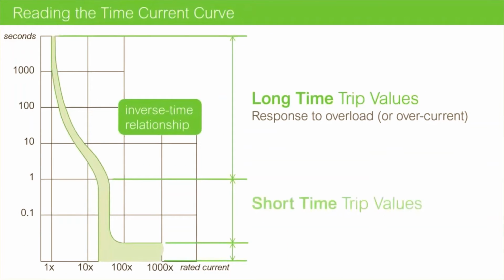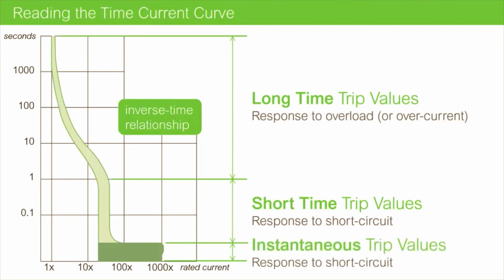This brings us to short time trip values. This range represents one of two ranges of the magnetic trip response due to short circuits. For short circuit faults pulling higher amperages, our response is shown in this third range of instantaneous trip values.